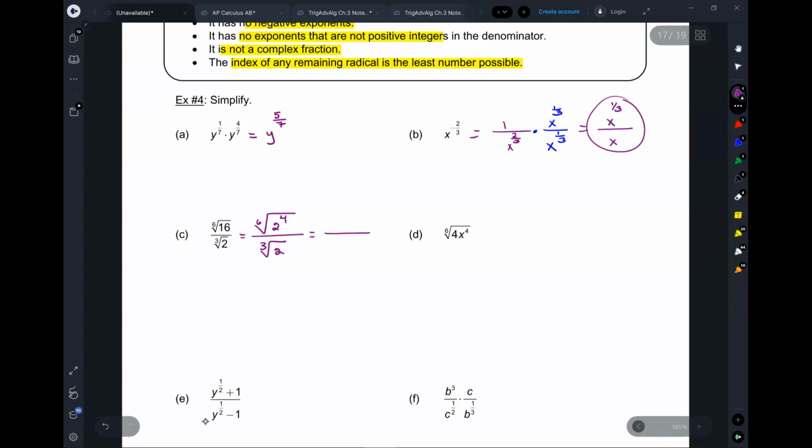Take a look at how we can rewrite that. 2 to the power of 4 over 6. Please notice that's just rewriting. But by rewriting it, we can go a little bit further, because how can we reduce that now? That'll be 2 to the power of what? 2/3. So this one, let's rewrite it as well, 2 to the power of 1/3. So what I have now is 2 to the 2/3.